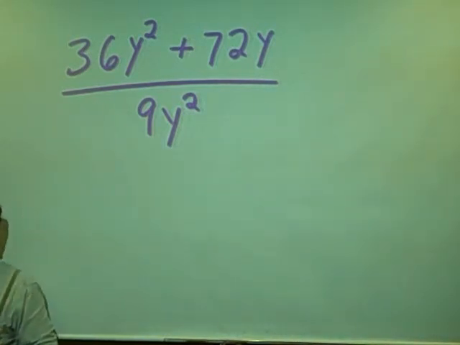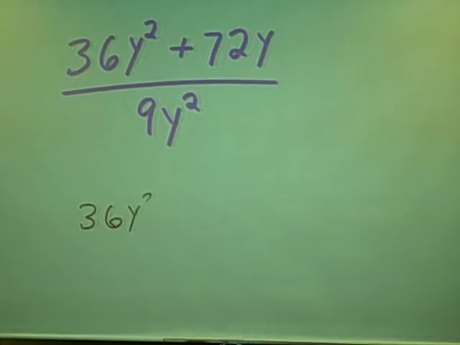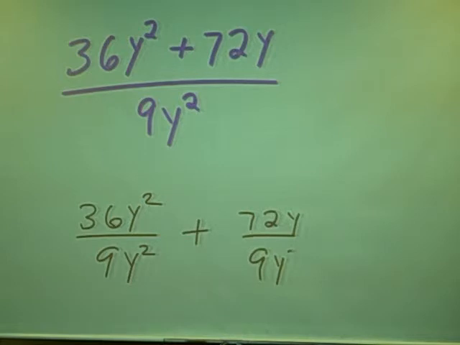Another way is to factor, but splitting them and then canceling, that tends to be a method that students tend to prefer. So we take this and we put it as 36y squared over 9y squared plus 72y over 9y squared.